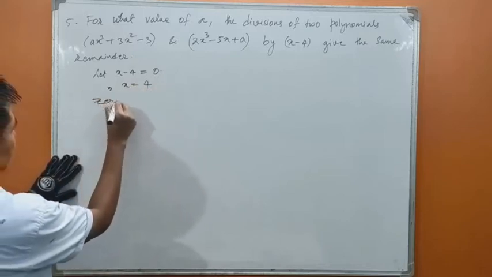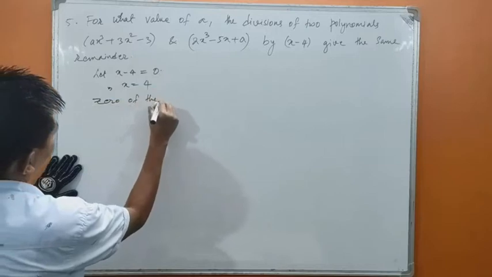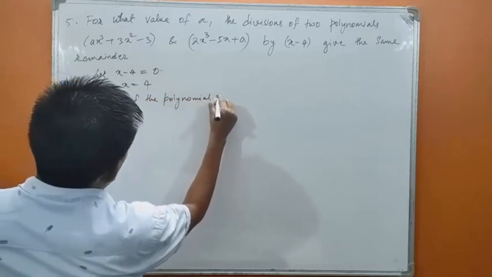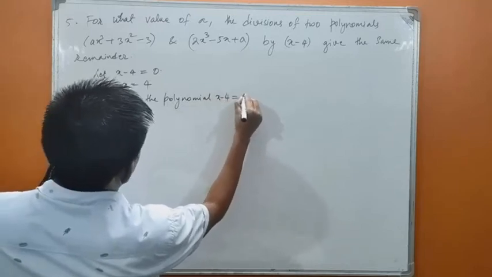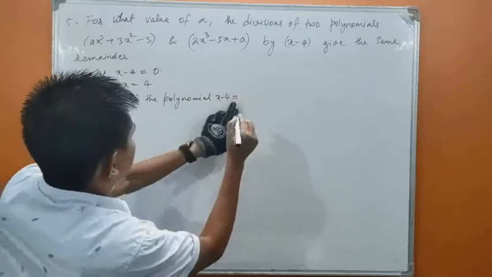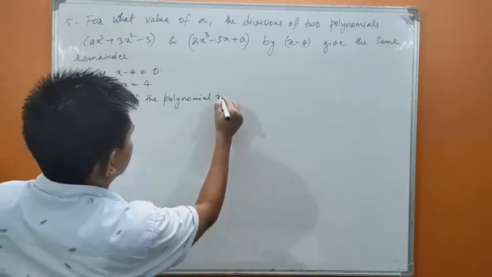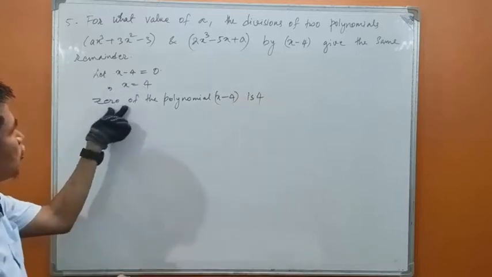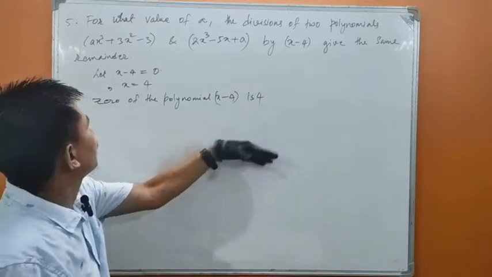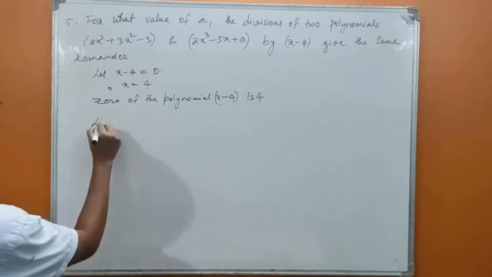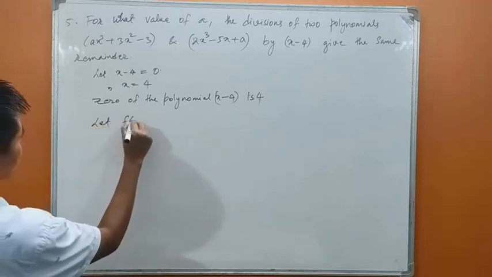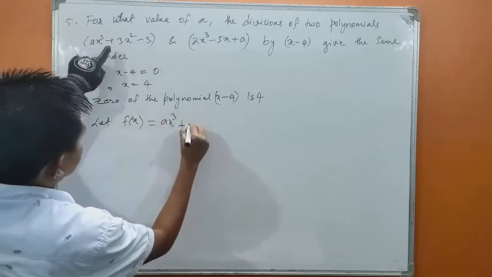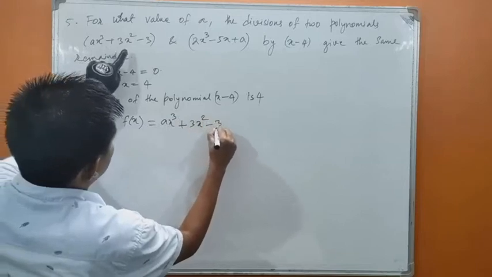Zero of the polynomial x minus 4 is 4. So let f(x) equal to ax cube plus 3x square minus 3.